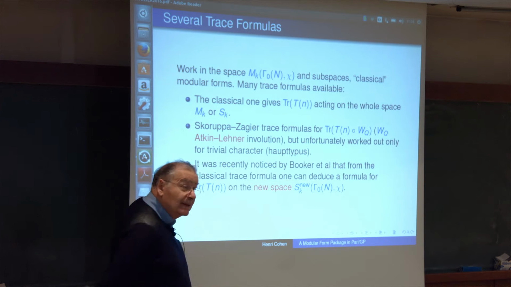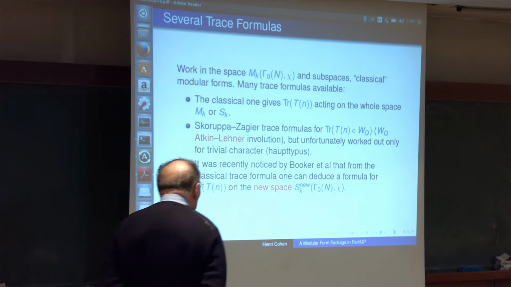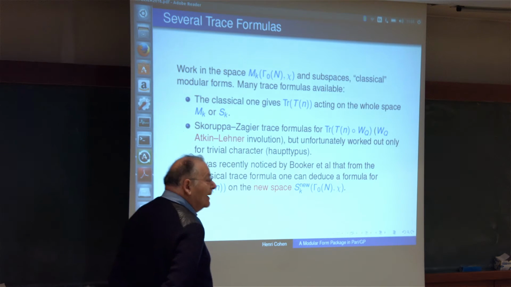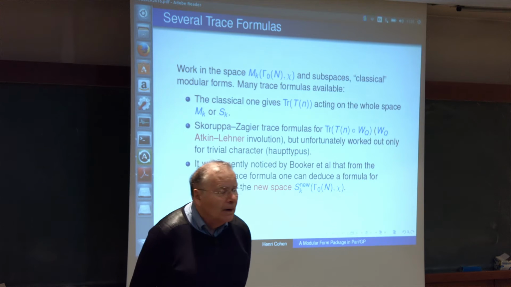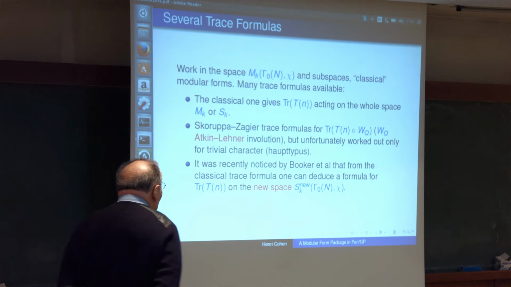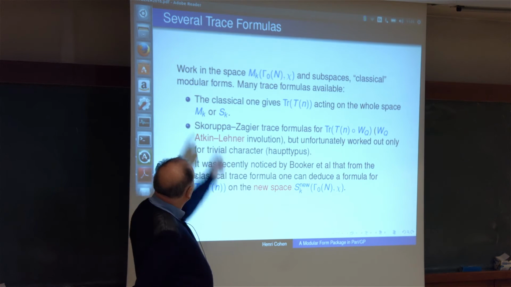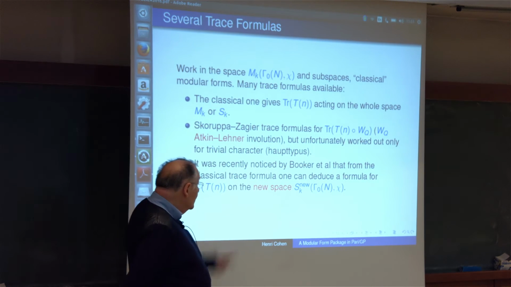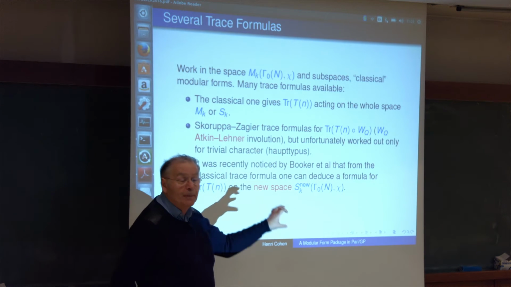And more recently, and that's probably why I became again interested in this, it was noticed probably by many people, but I learned about it from Andrew Booker and collaborators, that in fact from the classical trace formula above, you can deduce a formula for the trace of T_n on the new space.